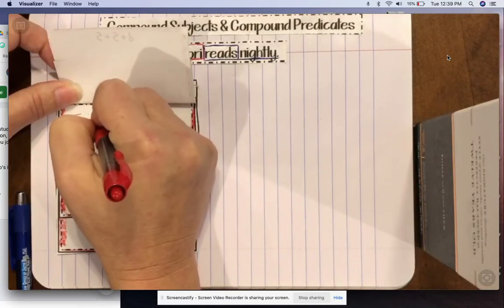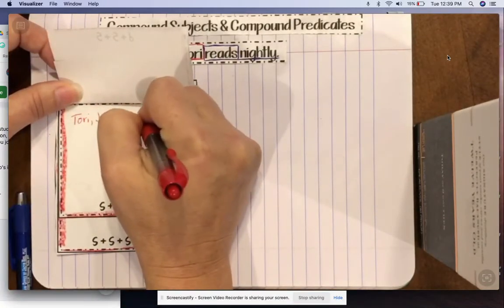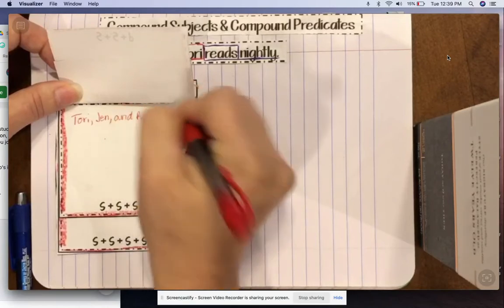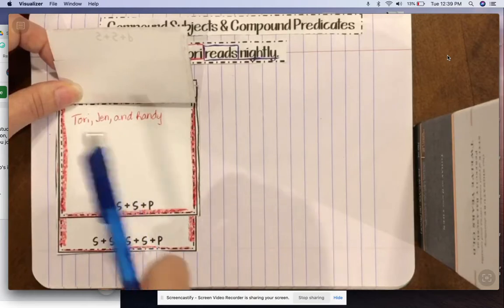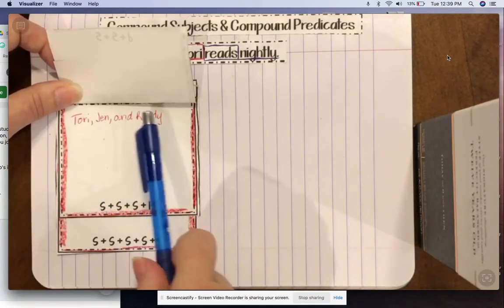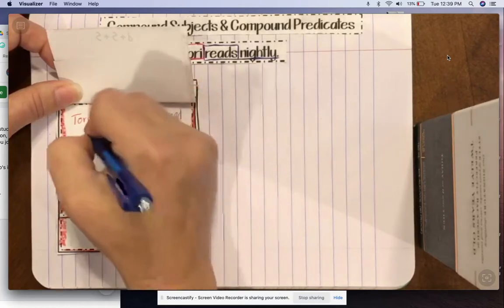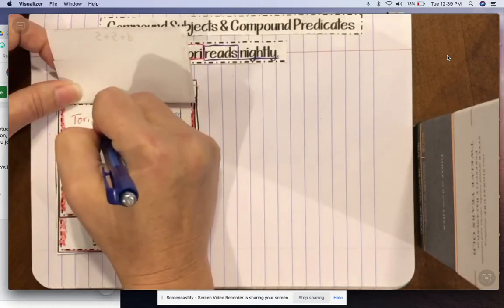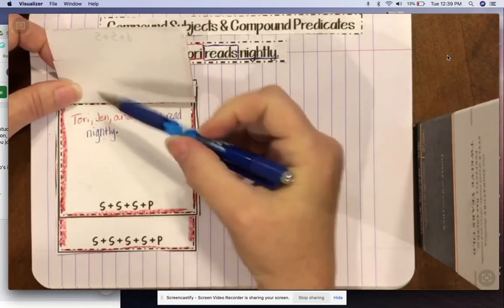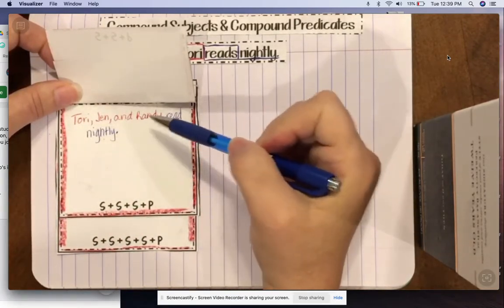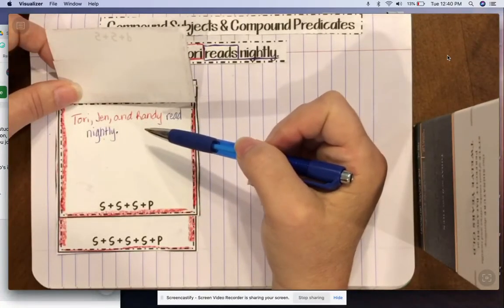Tori, Jen, comma, and Randy. Now that's my subject, subject plus subject plus subject. Tori, Jen, and Randy read nightly. I wrote read nightly in blue because that's my predicate. Tori, Jen, and Randy is my compound subject. Three people in my subject.